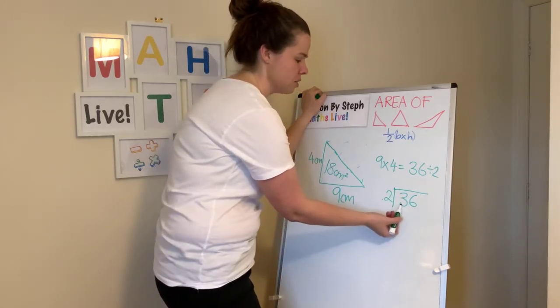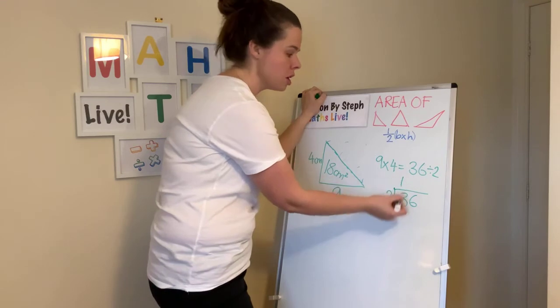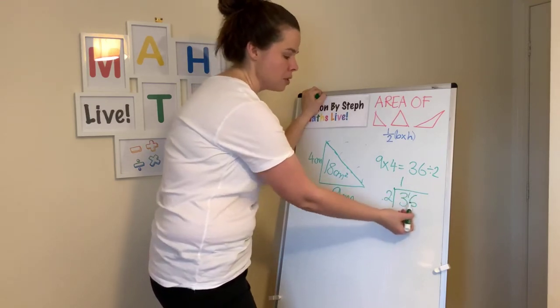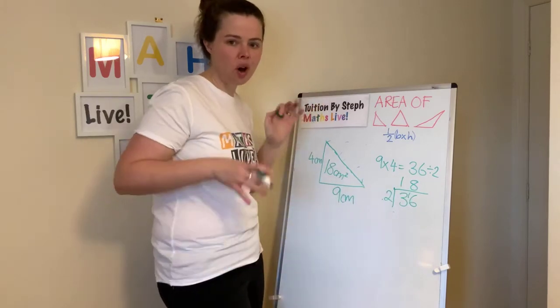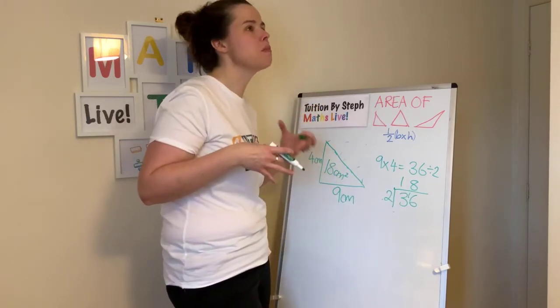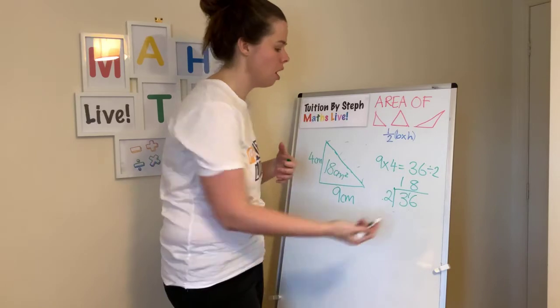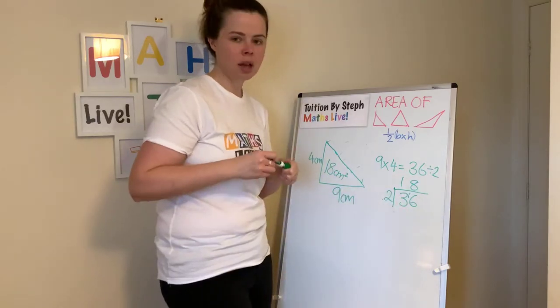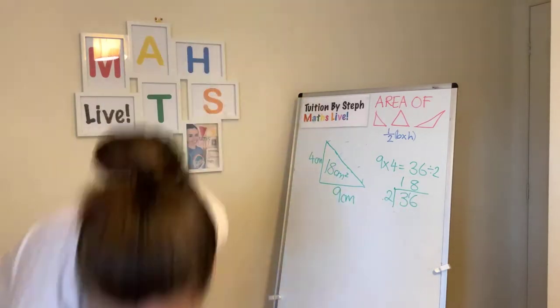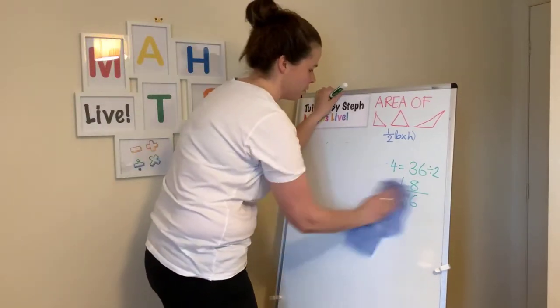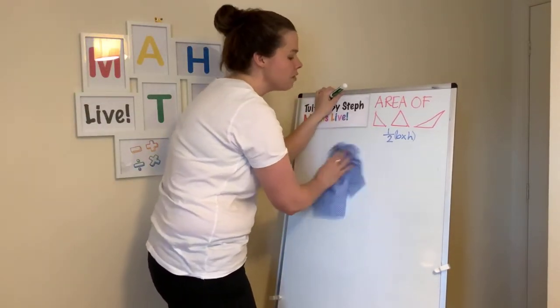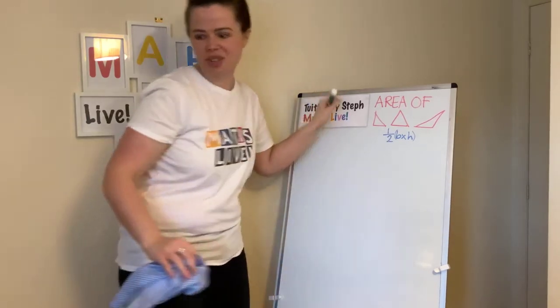How many 2s are in 3? 1. You've got 1 remainder. How many 2s are in 16? 8. If you've got a number that part of it is odd and you need to halve, just do a quick bus stop, divide it by 2. Takes all that stress out of your lovely brains. I do it, it's fine.